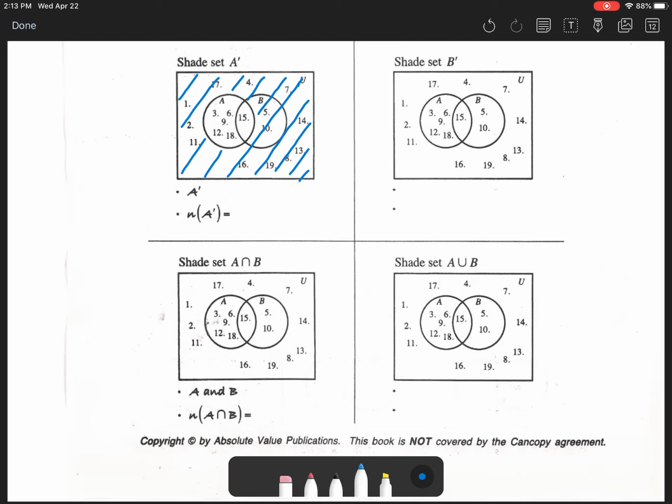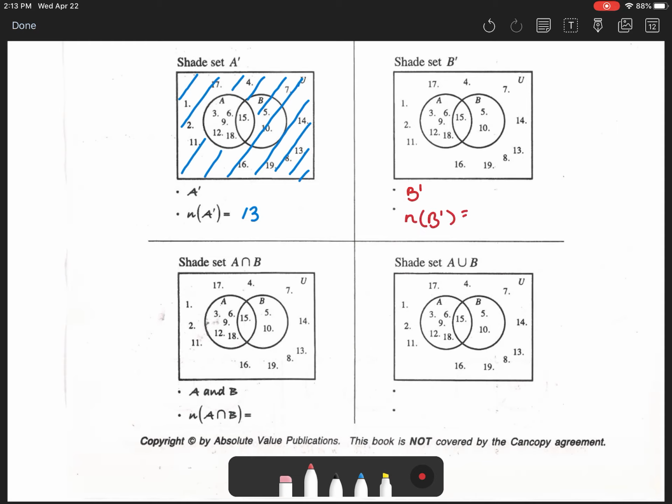Okay, so there's the shading for the complement of A, or not A. And then I count the number of values that are in that shaded region. So 1, 2, 3, 4, 5, 6, 7, 8, 9, 10, 11, 12, 13. Okay, so there are 13 elements that are not in A, or are the complement of A.